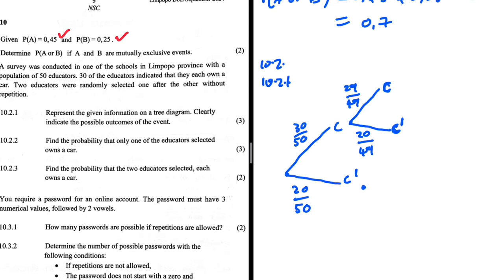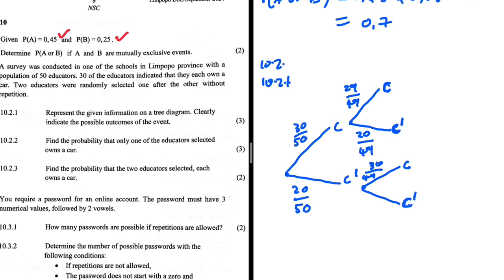Okay, and then let's take a look at the other way. The first teacher selected does not have a car. What will be the probability that the next teacher selected has a car? The teachers with cars is still 30, but the total is now 49. And then the other outcome, teacher with no car.